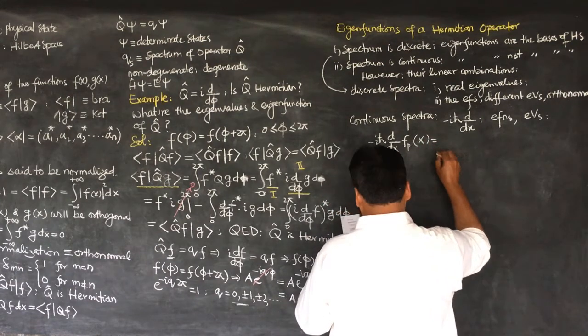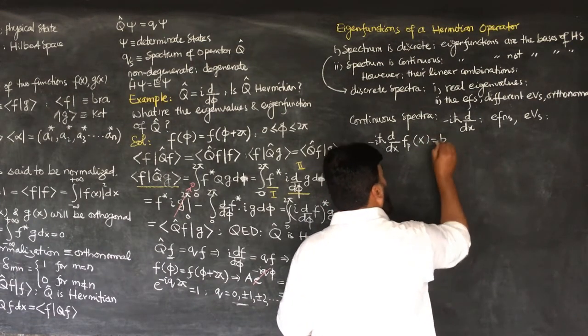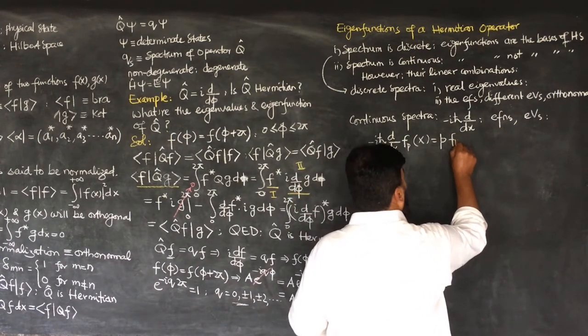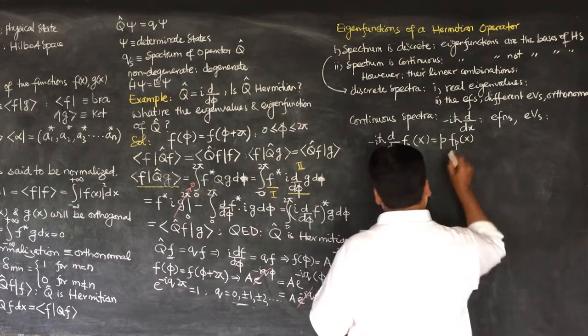It will give some eigenvalues, let's say p, times f_p of x.